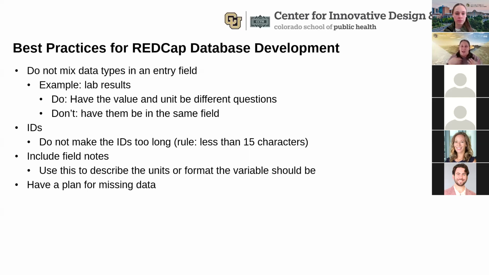Because on the back end, that helps you be like, hey, this person didn't answer this specific question, or they didn't answer anything in this form. And instead of me being like, oh, yeah, they didn't have answers to any of those, it's not actually missing, but they just didn't answer those questions because they weren't relevant to them.